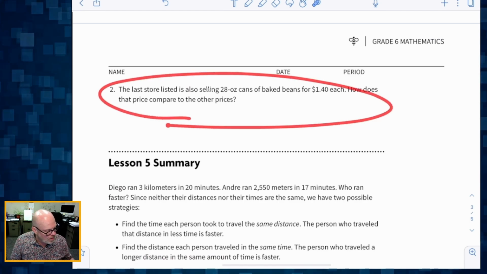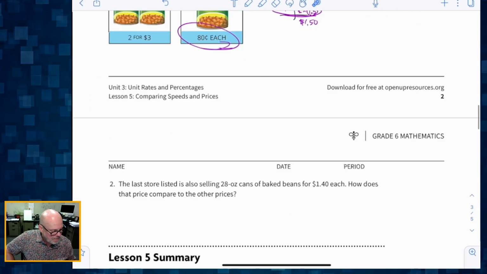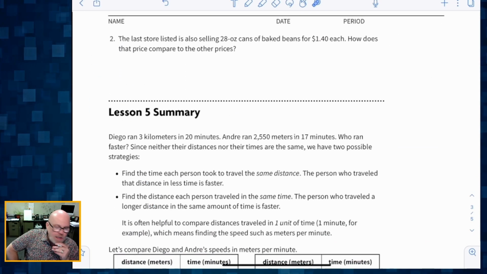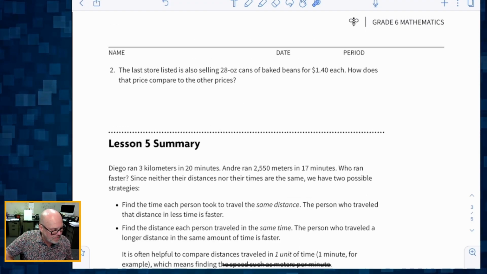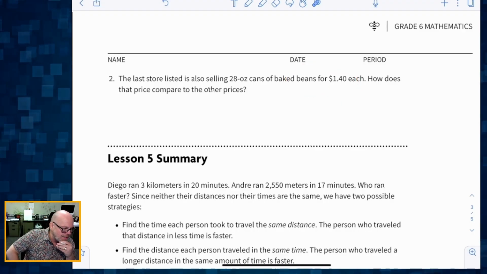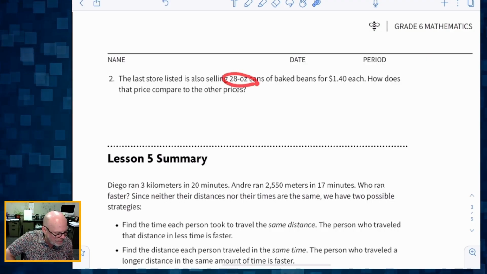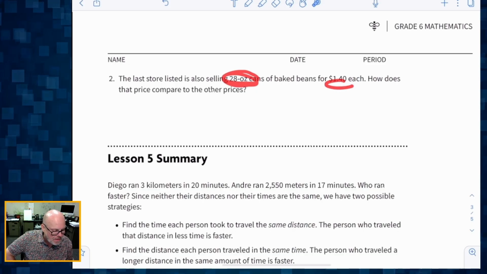The last store listed, so I guess it's option D maybe, is also selling 28-ounce cans of baked beans for $1.40 each. How does that price compare to the other prices? So now we've got 28 ounces for $1.40.